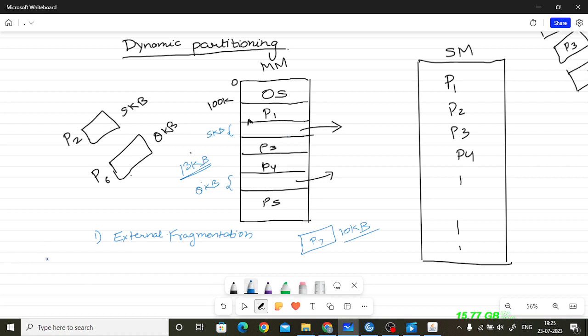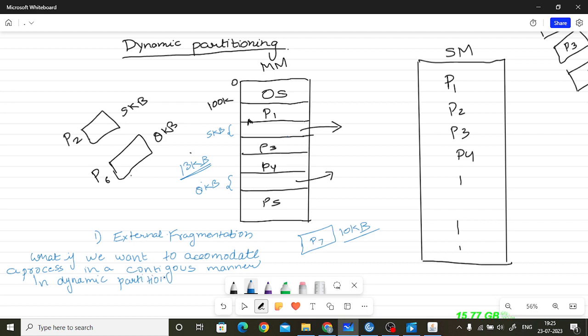Let me write the condition. What if we want to accommodate a process in a contiguous manner, in dynamic partitioning?